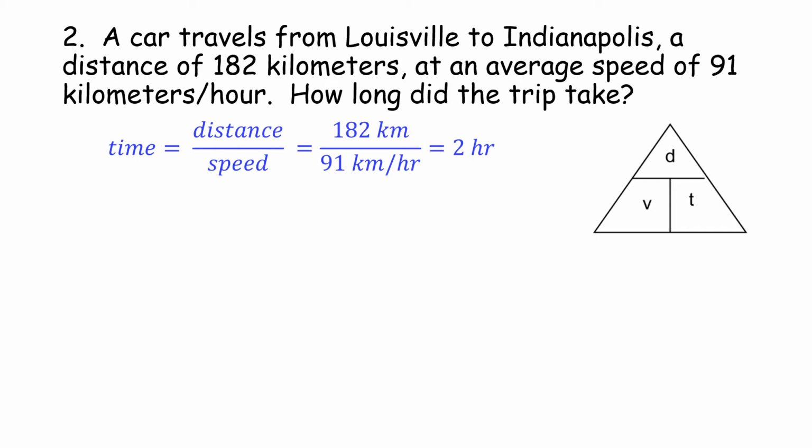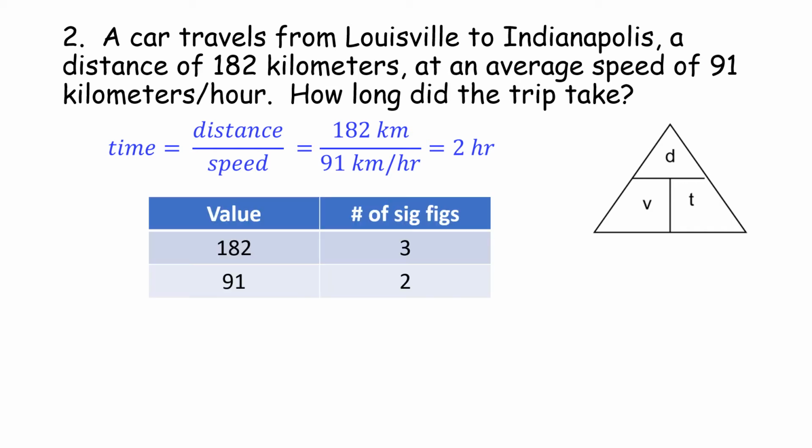Now this is not your final answer. This is a case of the opposite situation, where our calculator did not give us enough significant figures, because 182 has 3 significant figures, 91 has 2. Our answer cannot be better than 2 significant figures, but it also can't be worse. So the correct answer to this question is not 2 hours, it is 2.0.